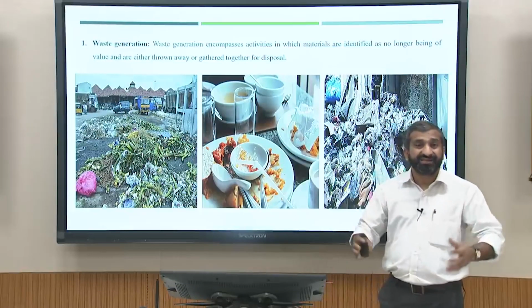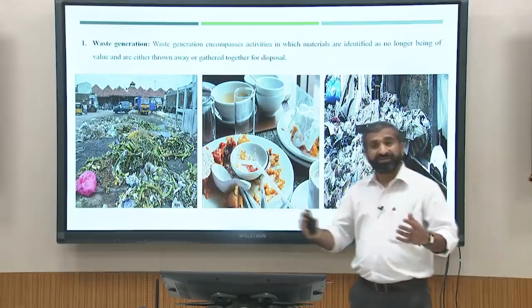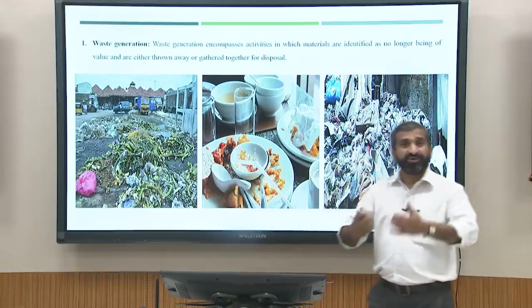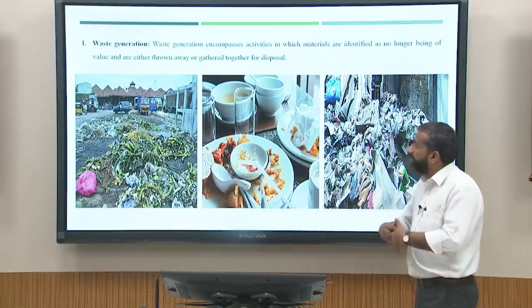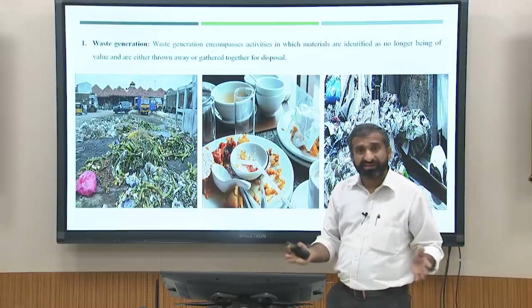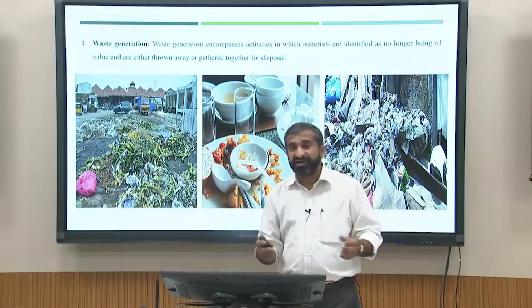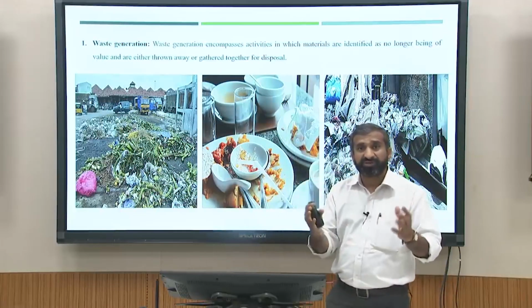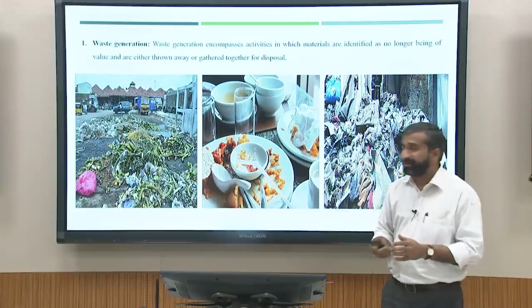Based on these characteristics, we can propose different kinds of treatment process before it goes to the disposal area. You also need to know the total quantity produced, and to design the disposal site or landfill site, you need to know how much volume of waste is getting generated.